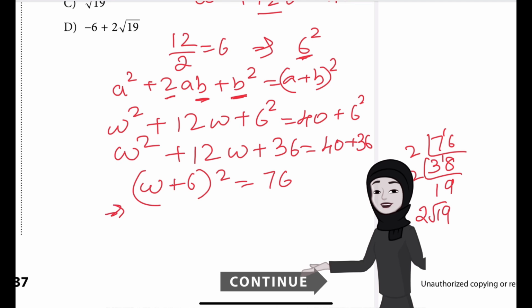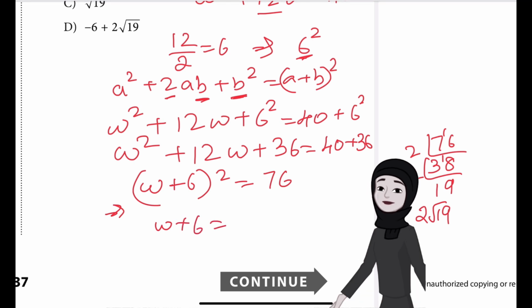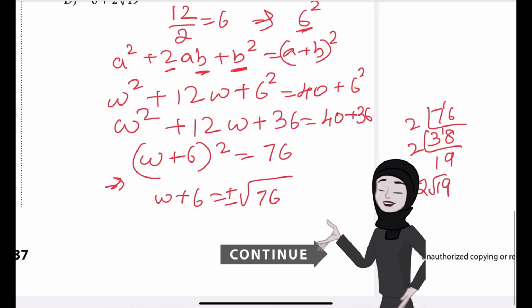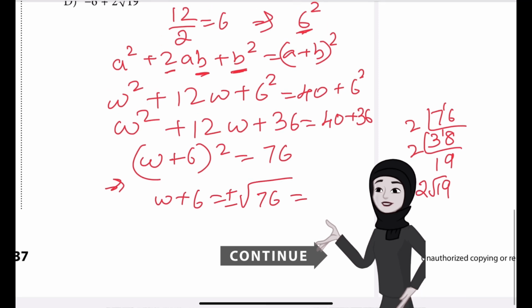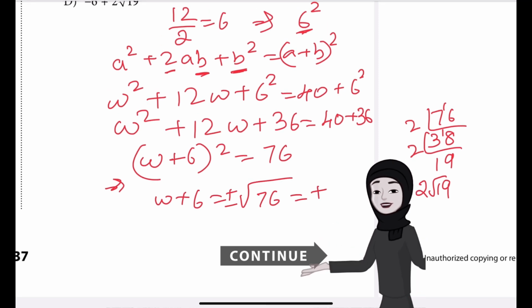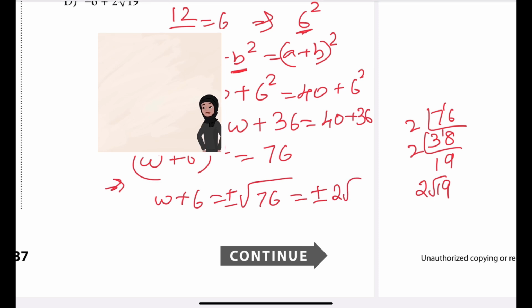To solve for W, what we can do is take the square root on both sides of this equation. So W plus 6 is equal to the square root of 76, but plus or minus both. And that we simplified, the 76, to 2 square root of 19, plus or minus 2 square root of 19.